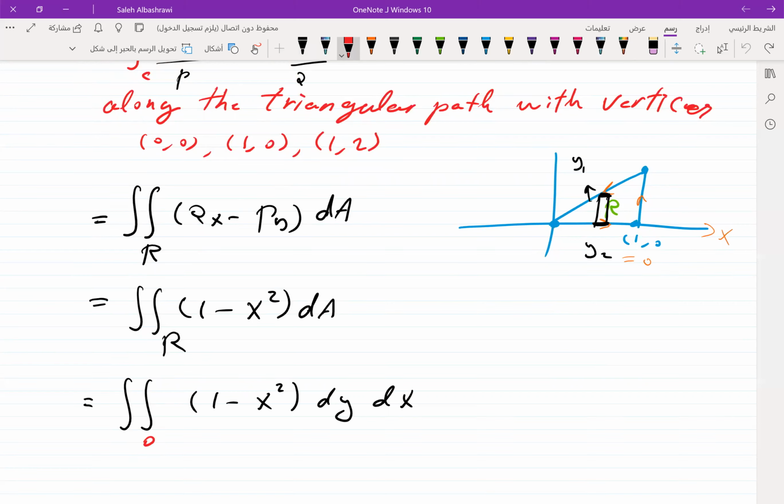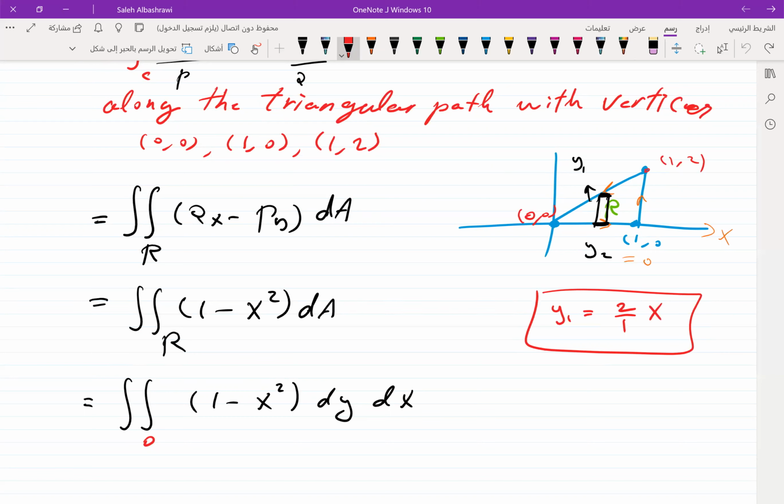Now the upper limit is the equation of a line. I have 1, 2, and we have 0, 0. y2 is equal to the slope, since it's passing through the origin, it is y over x, 2 over 1 multiplied by x. And there is no y-intercept, or the y-intercept is equal to 0. So y2 equals 2x.